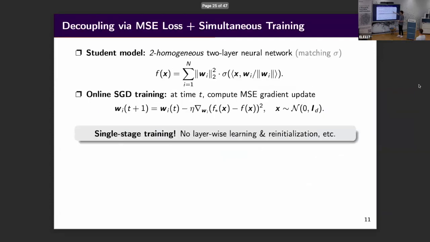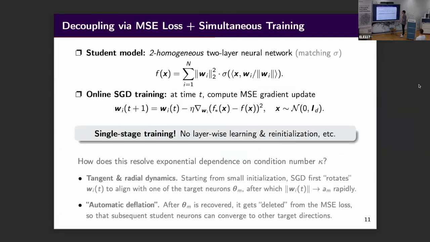Okay. But with this two-homogeneous parameterization, because we're directly optimizing the squared loss, once you recover one theta_m, this target direction, it's going to be deleted from the loss.